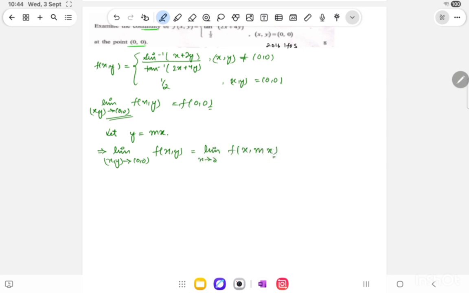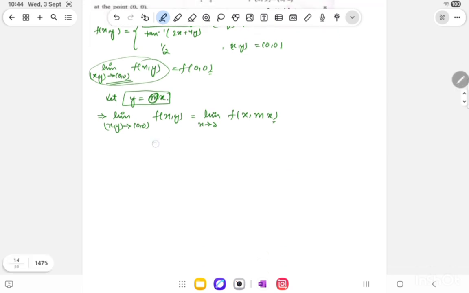I am able to do so because if this limit exists, it will be the same, because the limit is unique no matter what path we follow. So I am calculating my limit along this path and we'll see if it turns out to be independent of this m or not. If it turns out to be independent, then my limit is unique, otherwise the function is discontinuous. So let's find out this limit.